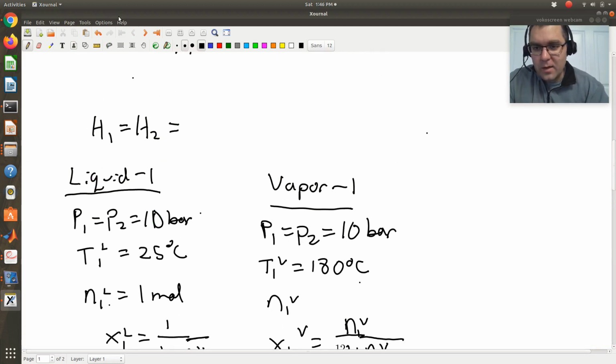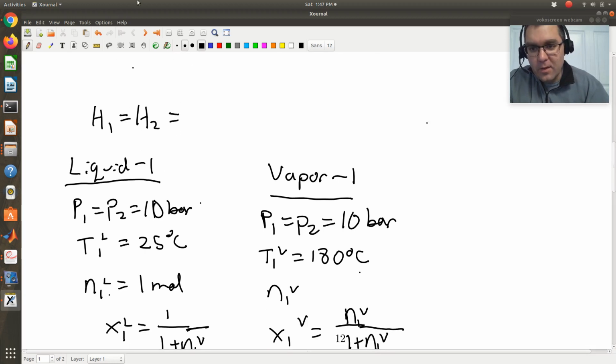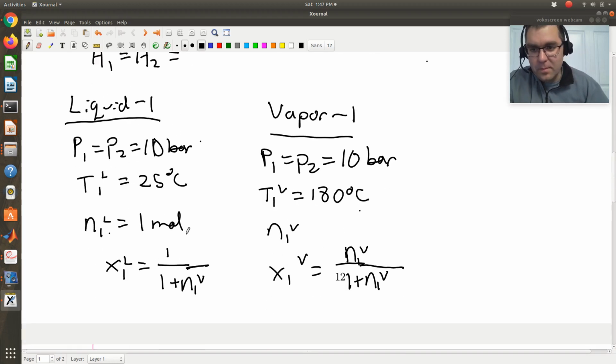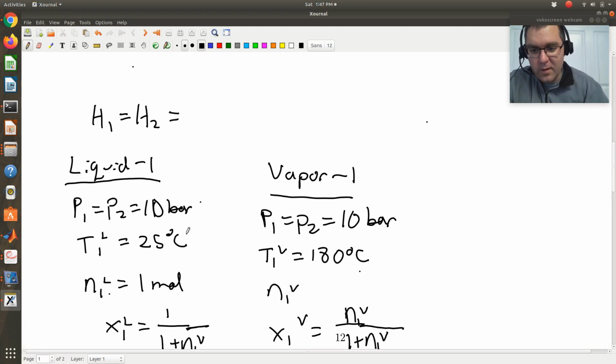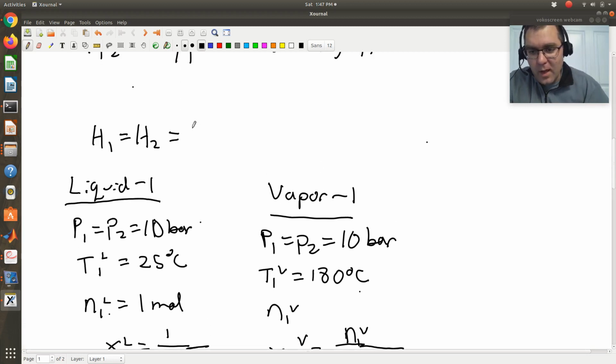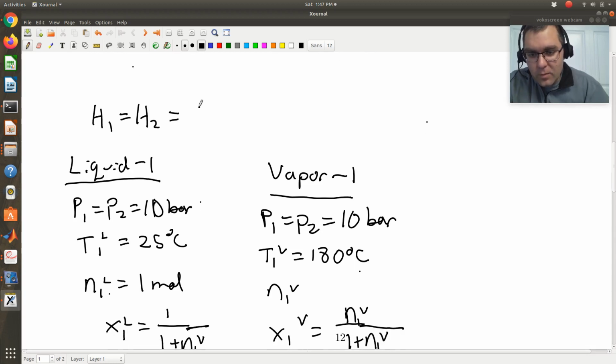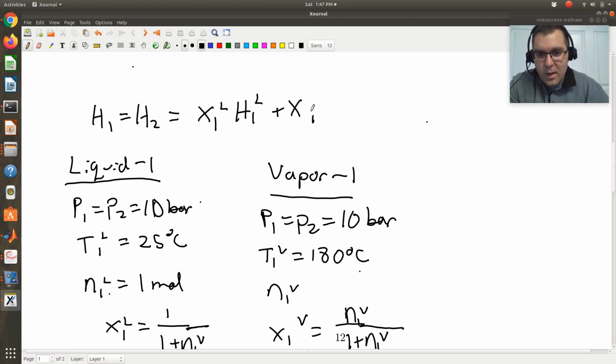So now when it comes to calculating the enthalpy of my initial system, which is equal to the enthalpy of my final system, I'm going to write this as X1L, the fraction by moles that are liquid, times the molar enthalpy of my liquid part in state 1, plus X1V times the molar enthalpy of my vapor part in state 1.